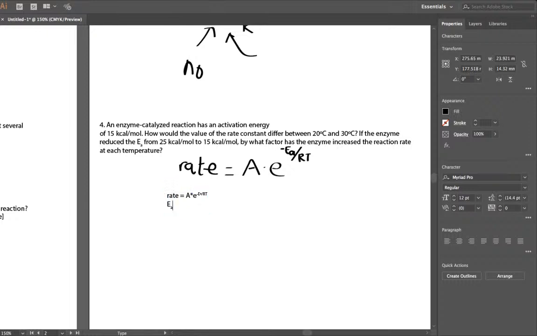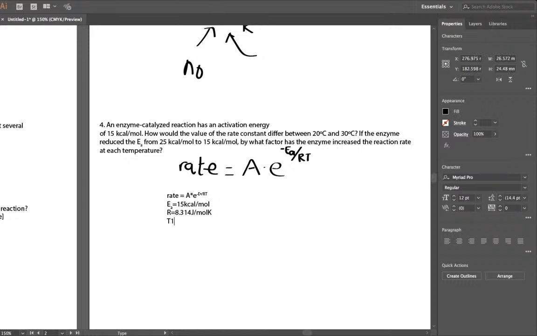The activation energy would be 15 kilocalories per mole. And then the R here, the gas constant, is 8.314 joules per mole Kelvin.